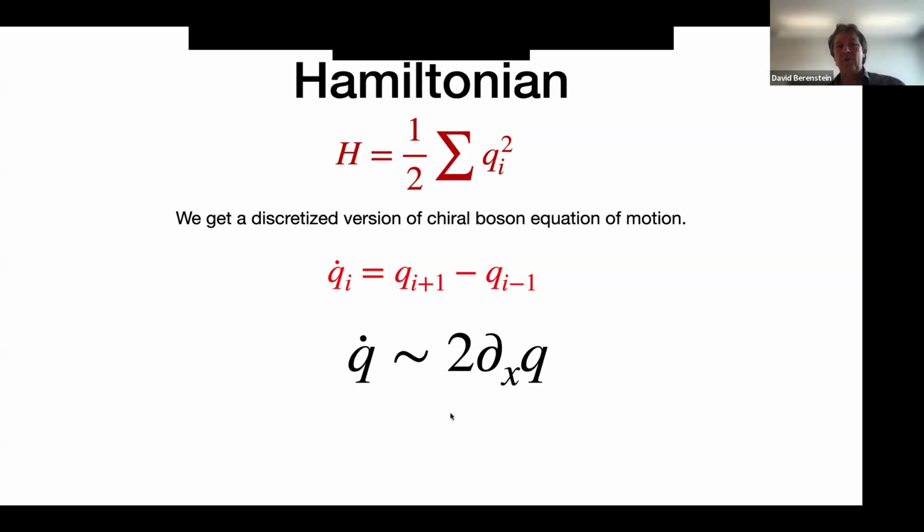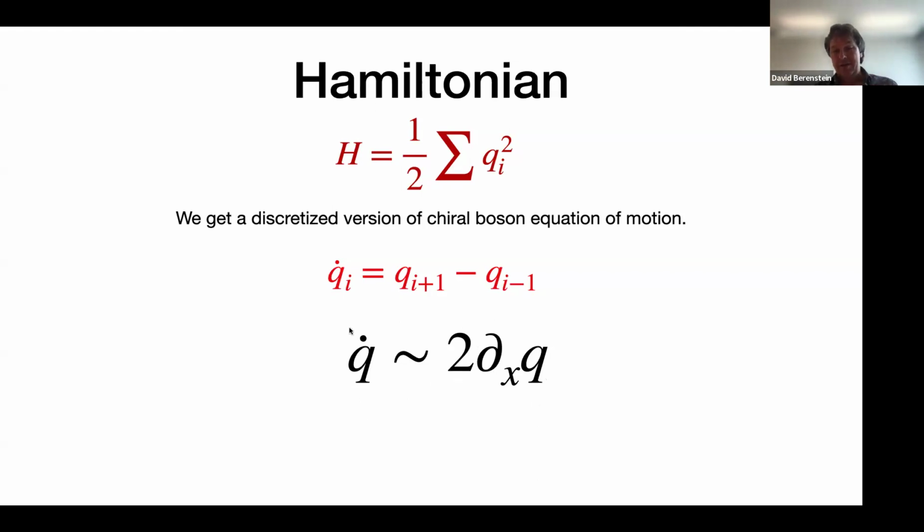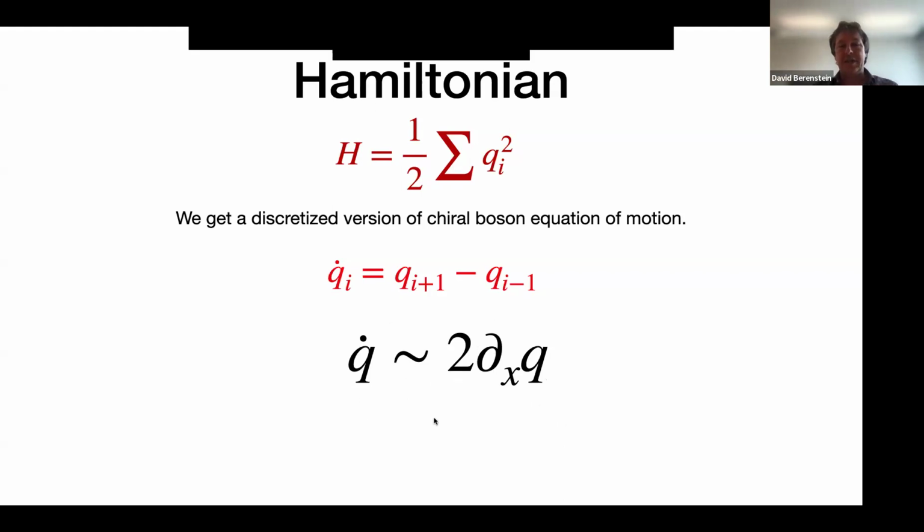Okay. So the claim is that this Hamiltonian, at least naively, produces equations of motion that are first order and look like the wave equation. So it looks naively like it discretized the problem that we needed to discretize.